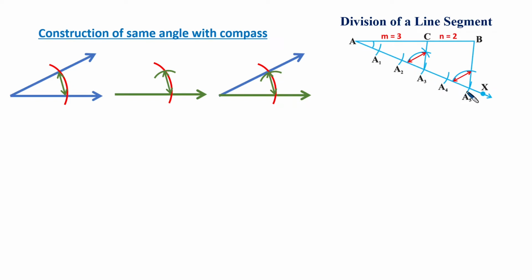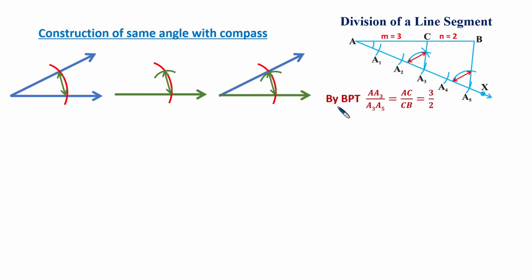These are all equidistant. And from here, suppose you want 3:2, that means total is 5, so you draw 5. So you have 5 here. From here you join this point B, and then you draw a parallel line. You want 3 units here, 1, 2, 3, and you draw one parallel line to this, and it will intersect at C. So this ratio AC by CB will be 3/2.